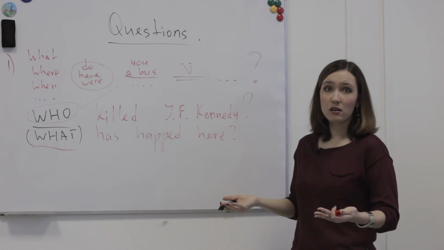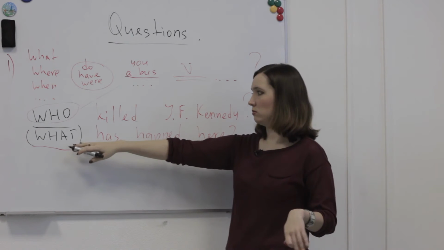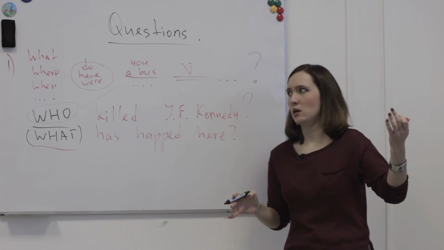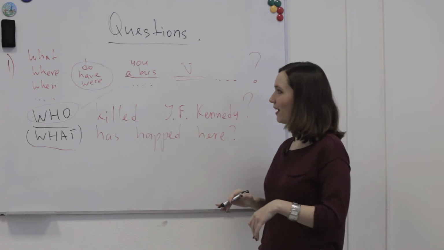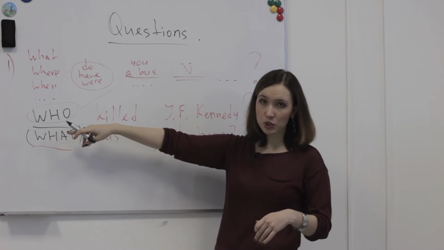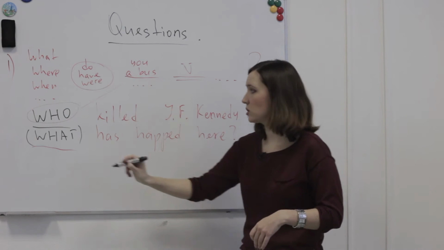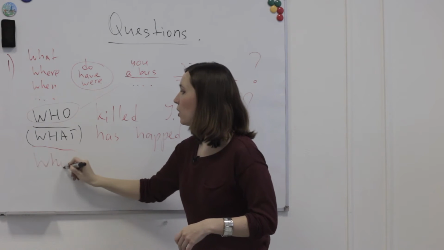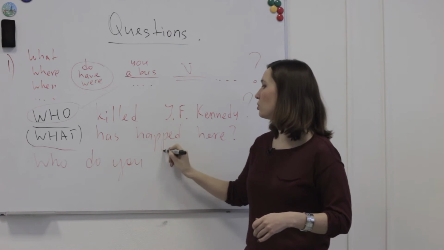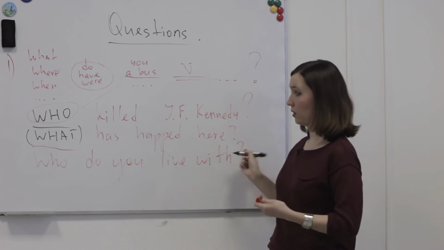We reply using the same structure. Some crime has happened here. I don't know, a fire, a flood, whatever, yeah? But these two question words can also be used in these forms of questions where you go like, who do you live with?